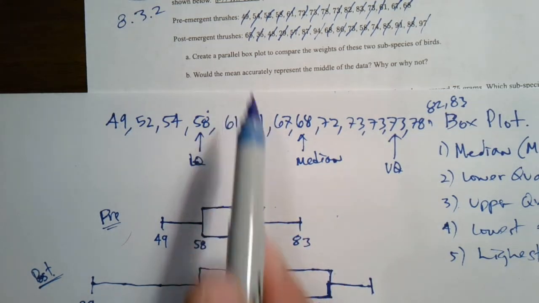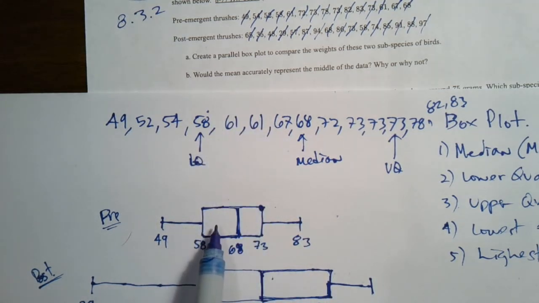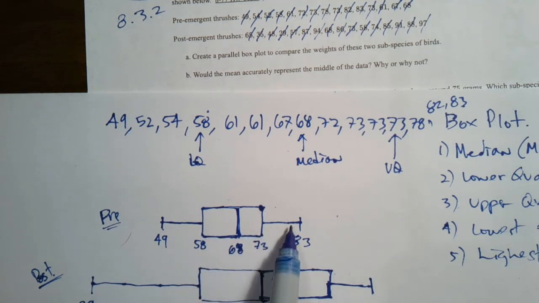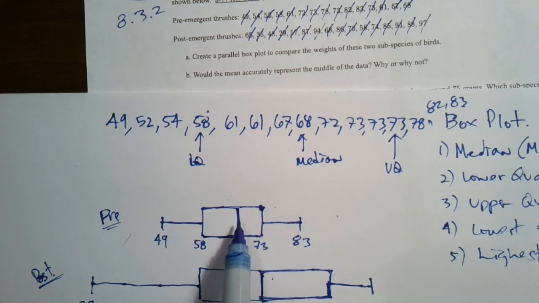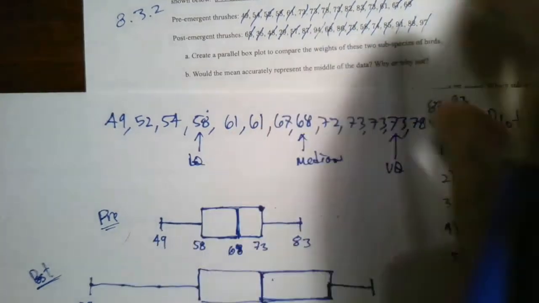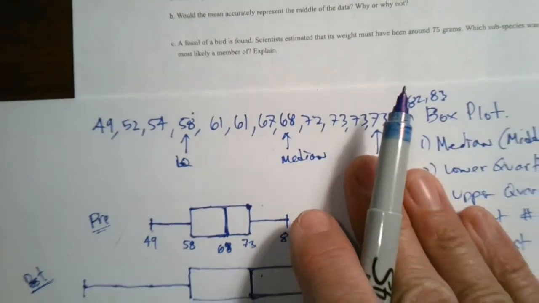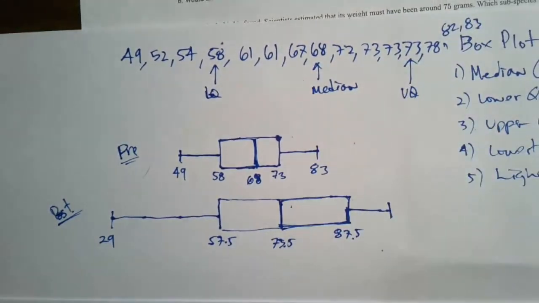If the mean is in the middle, each quartile is the same. So my distance between here to here and here to here is not quite, it's close. So my mean would be close, but it would not be the middle. How I know I would have the mean and the median be similar is if I have equal distance of data on either side. That would give it the closest accurate representation of mean and median.